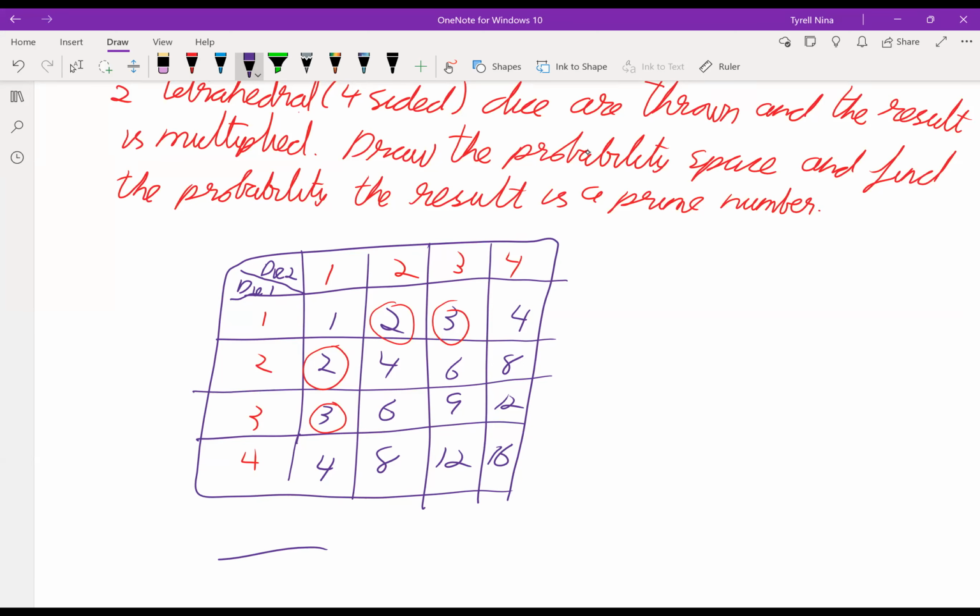Likewise, going down the line, and I do all of them. So that's my probability space. Now I need to determine the probability I get a prime number. I have 16 possible outcomes, and 4 of them are prime. So that is 1 out of 4. Now, the probability of this kind of question coming is low, however, it can still come. So that's why I still decided to do it, just in case.